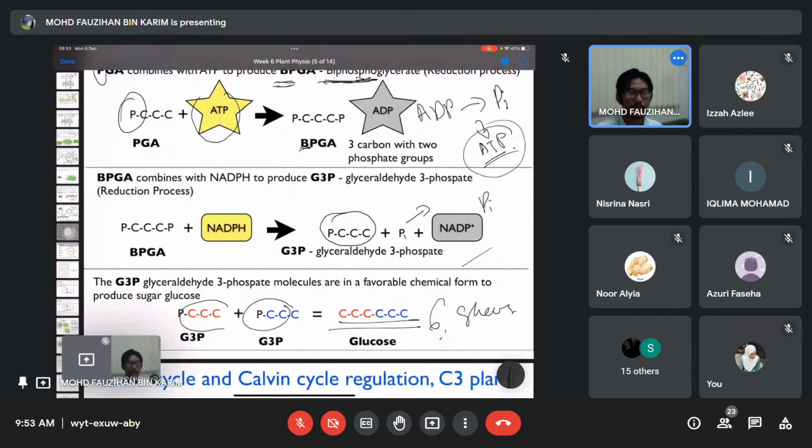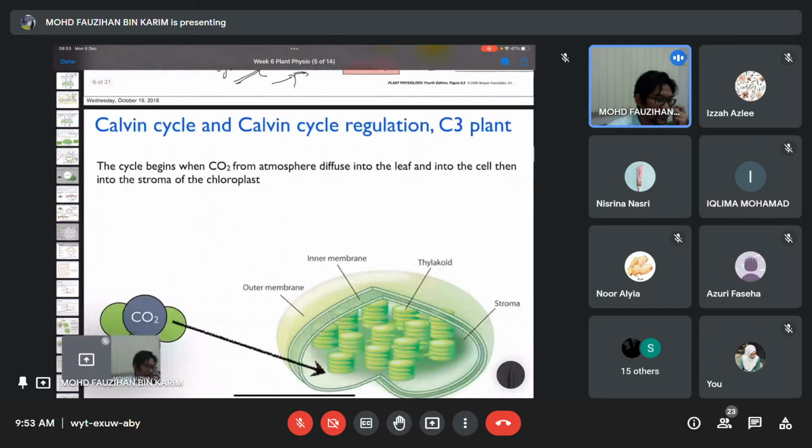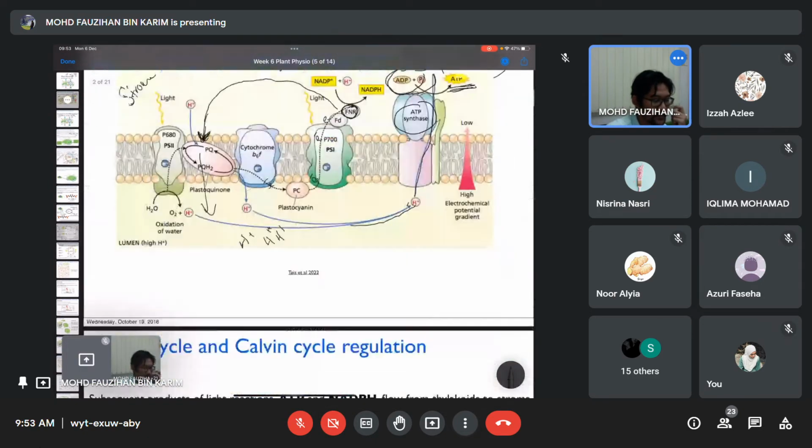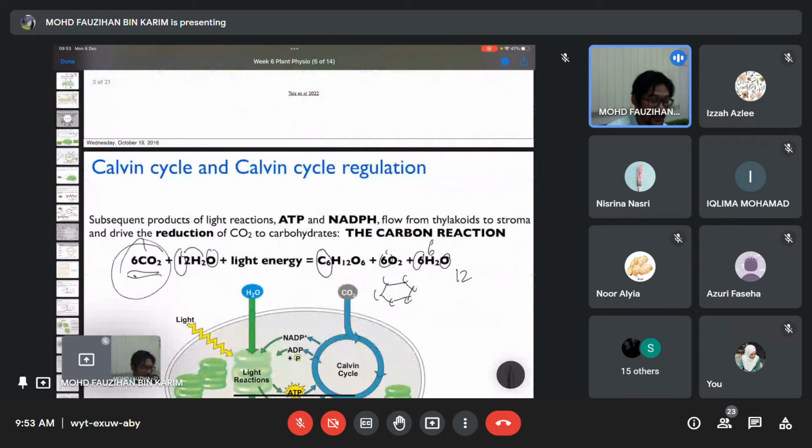Katakanlah, right, from sejak azali, from the beginning of times, alright, photosynthesis process will produce 5 carbon molecules, right? So this number would change to 5. I do not know, probably 5, right?